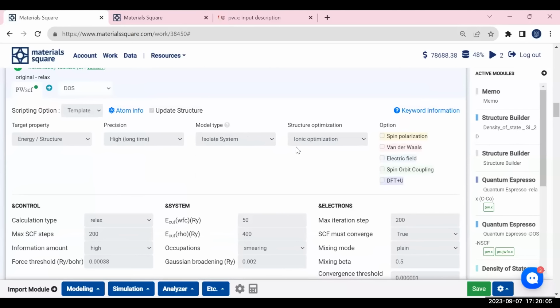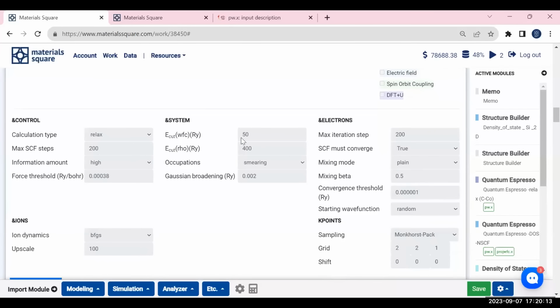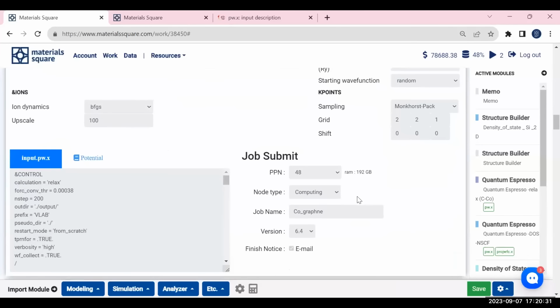We have to do only ionic optimization. We don't care about the spin polarization this time. We have increased the value in here because copper and graphene need a higher cutoff energy as compared to the previous structure, which was aluminium.